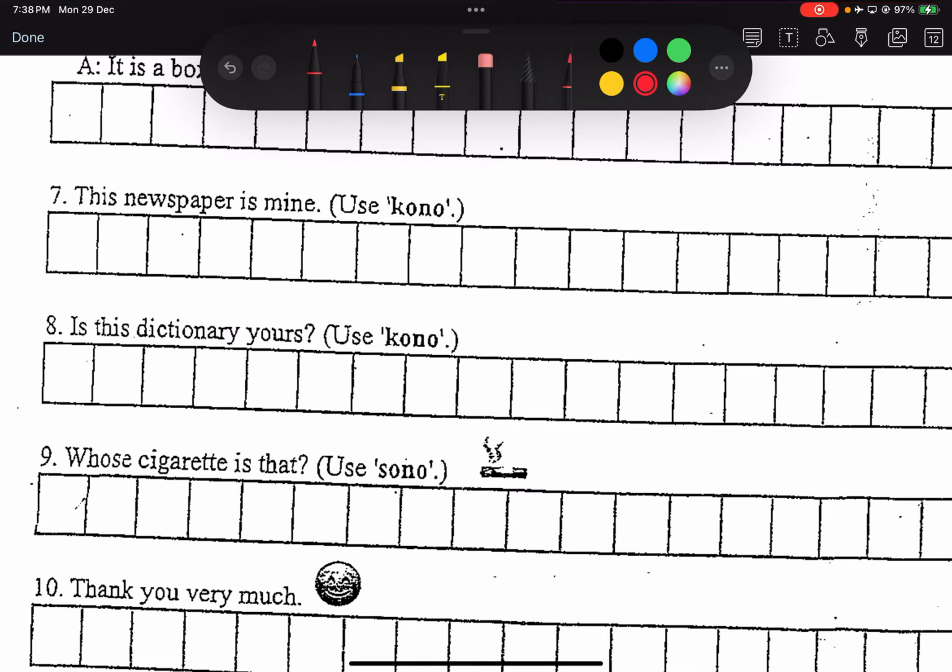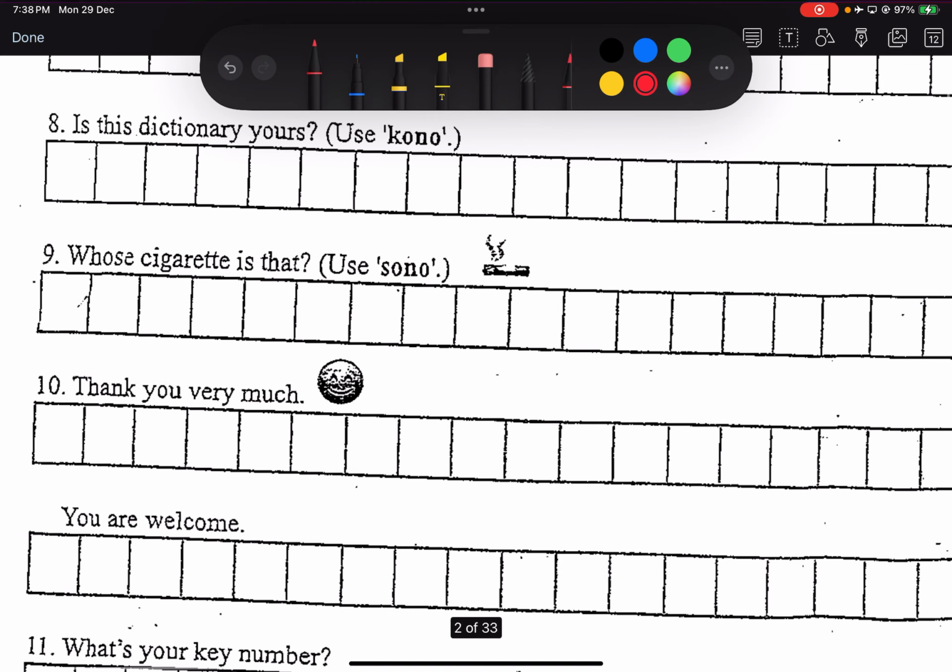Is this dictionary yours? この辞書はあなたのですか？ Very good. Okay, number 9. Whose cigarette is that? そのタバコは誰ですか？ The sentence becomes, who is that cigarette? Like 那个 cigarette 是谁的?